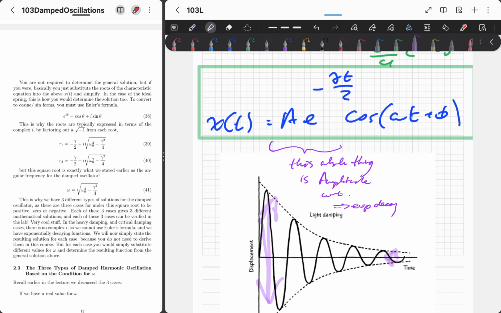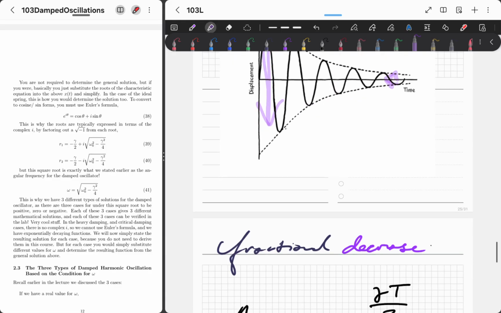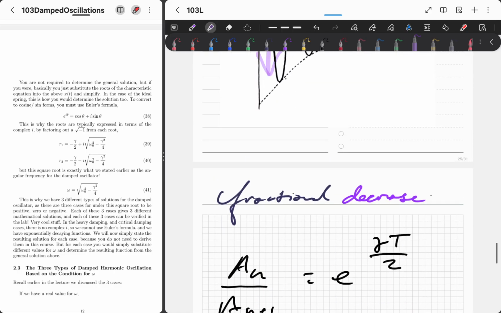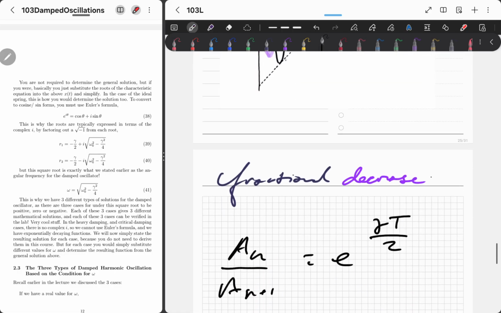Okay, let's talk about something interesting with light damping. Pretty cool fact about light damping. In the light damping solution, we have some amplitude that changes with time. So that's our A times the decaying exponential, times the cosine stuff.